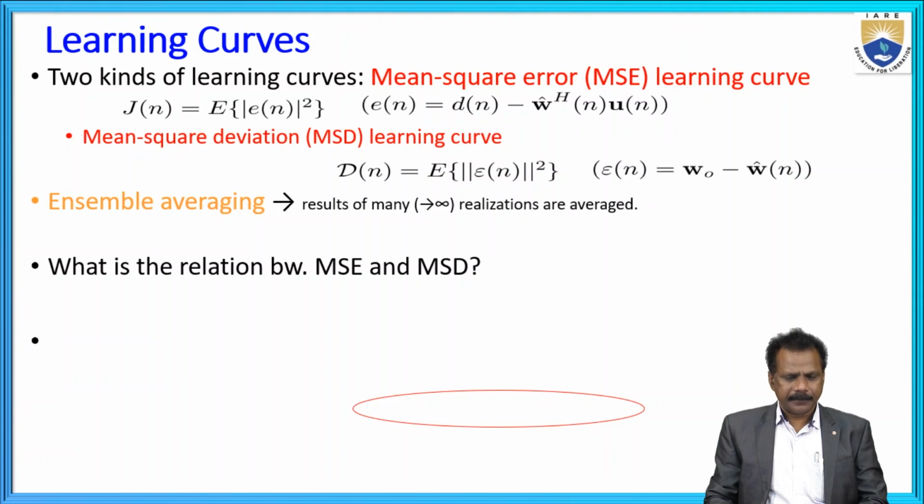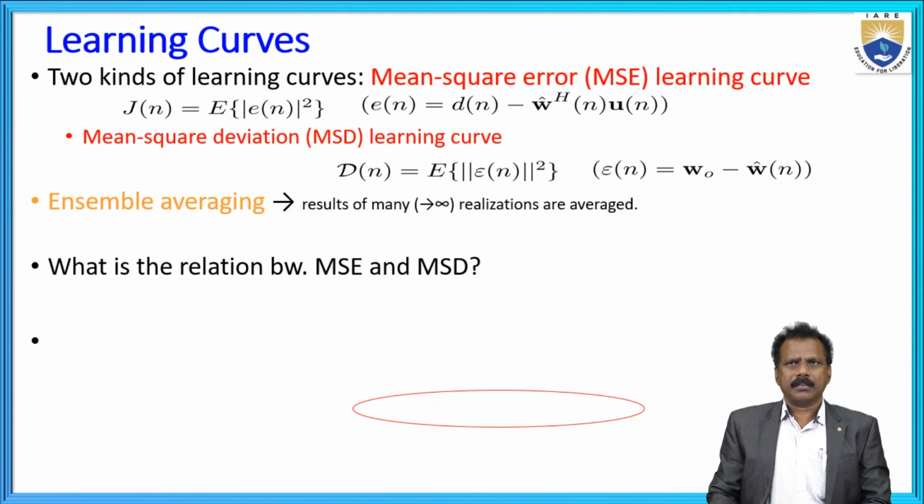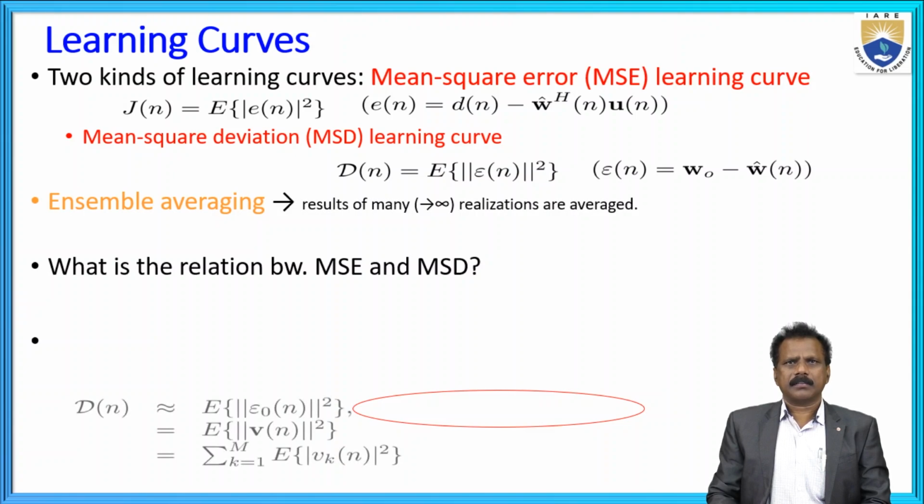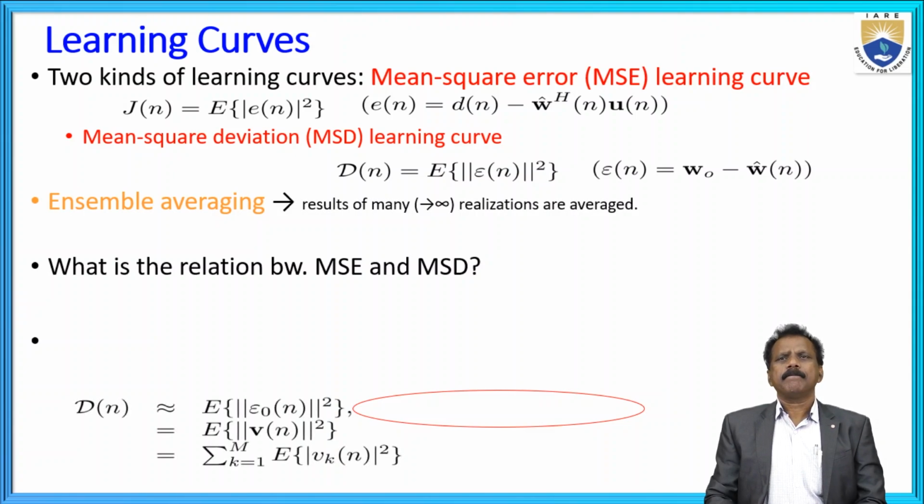Analyzing mathematically, the mean square deviation MSD learning curve is based on the formula d of n is equal to e of the squared norm, assembled results of many realizations, averaged.